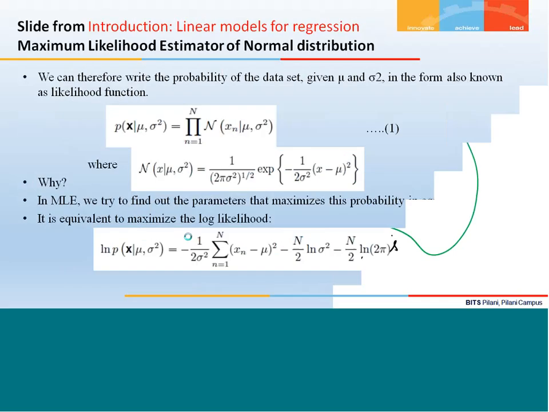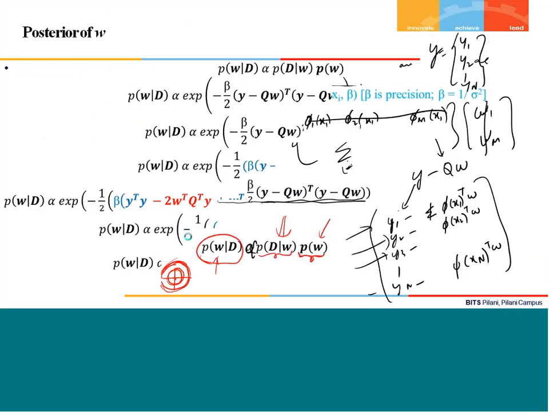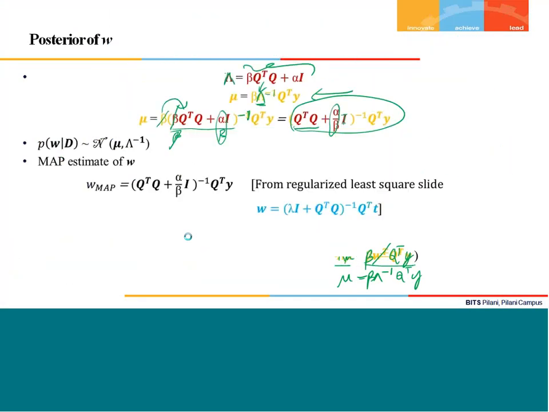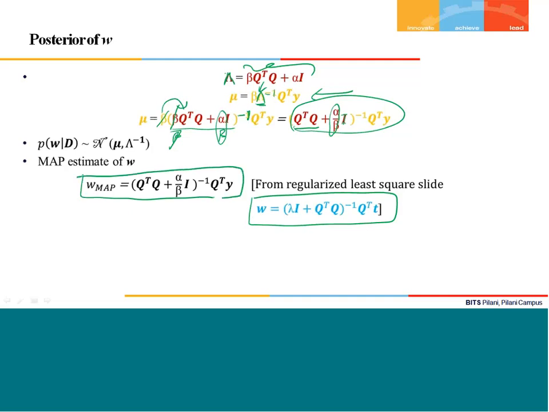Now when I am doing Bayesian estimation and getting the Bayesian distribution, I get this W, and this is that W which I get when using regularization. You can see that this W is exactly similar to this W. Here this is the lambda we used for regularization.